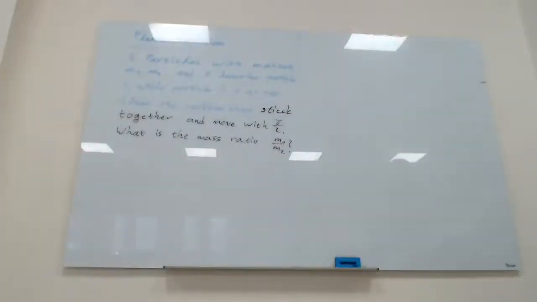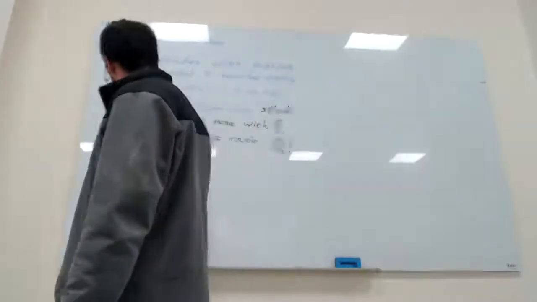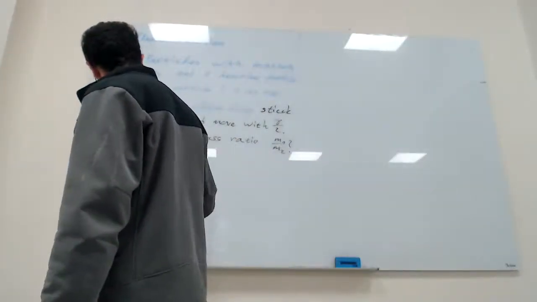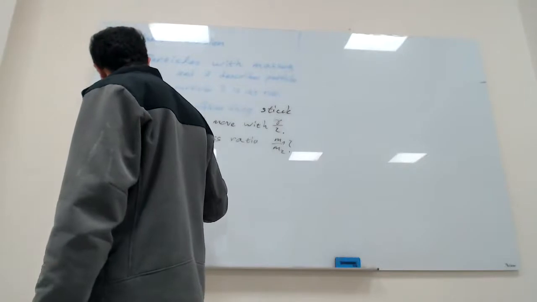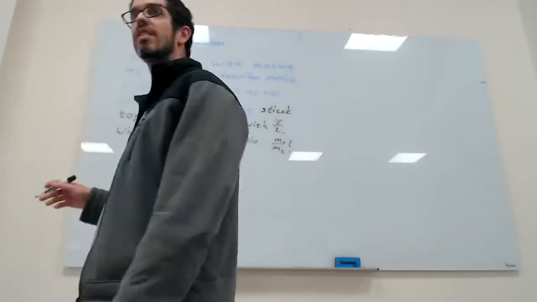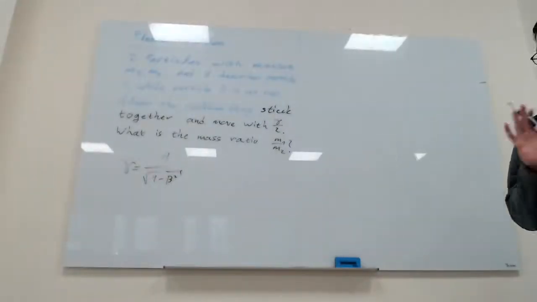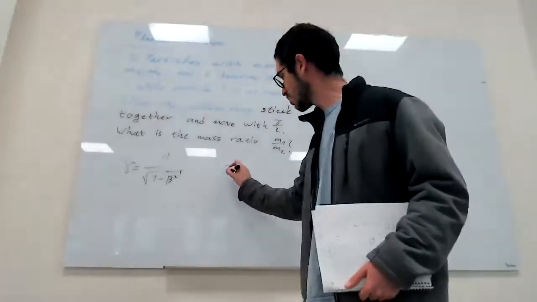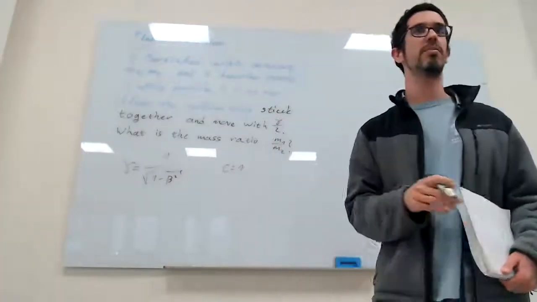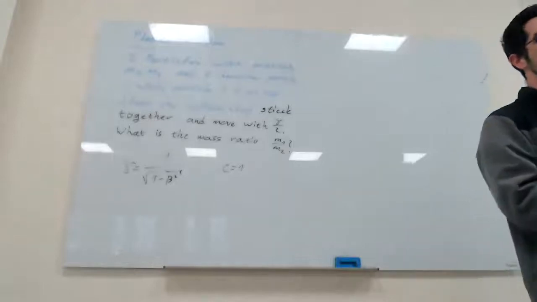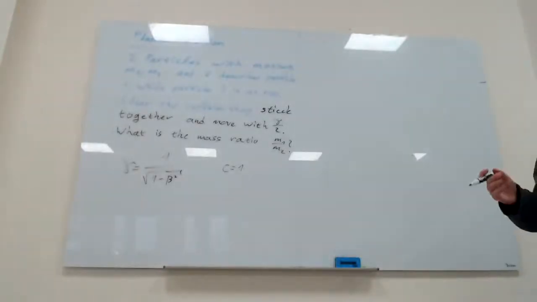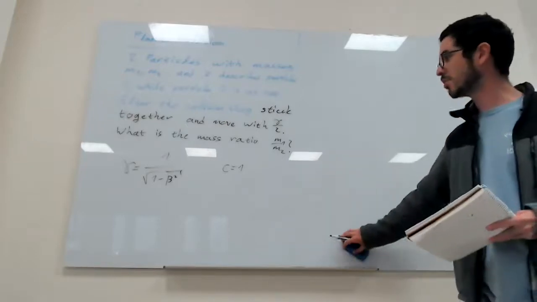Gamma is the velocity factor, 1 over the square root of 1 minus v squared. We'll work in this class with the convention that c equals 1, just because it simplifies some of the equations later. So we need to find the ratio between M1 and M2.